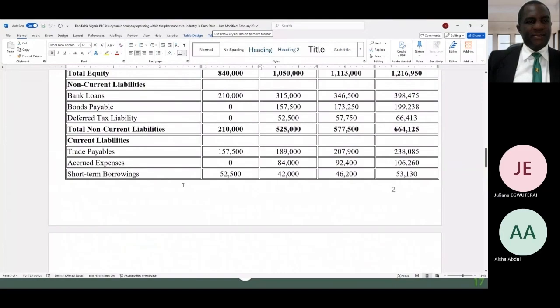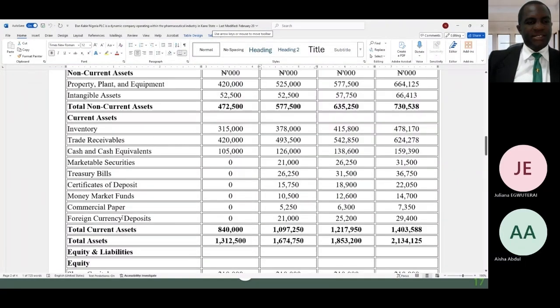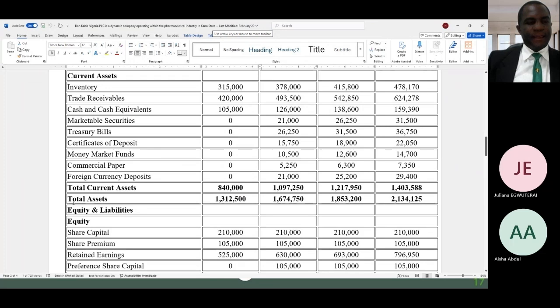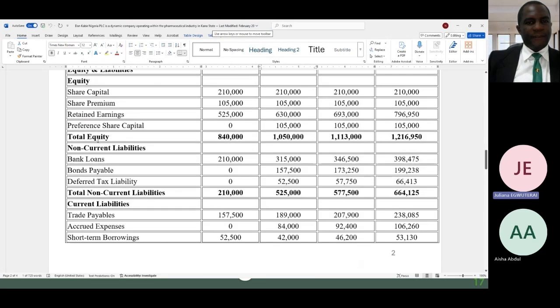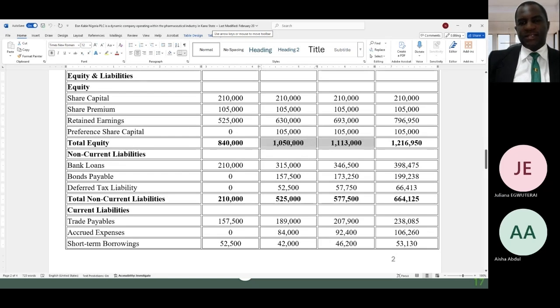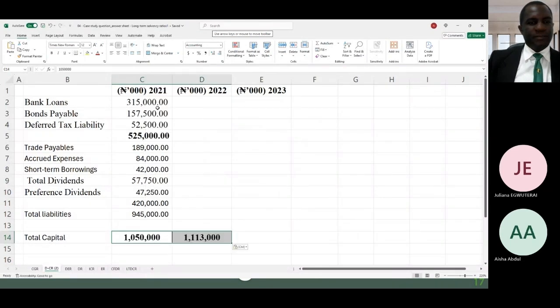You get the point now. So let's go to equity and we'll just pick the numbers. We won't waste time. Our total equity is 1050, exactly. So let's just pick the equity and add it. That forms our total capital.